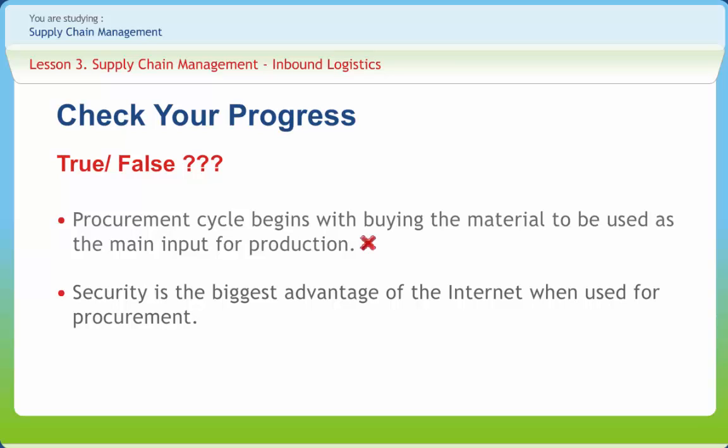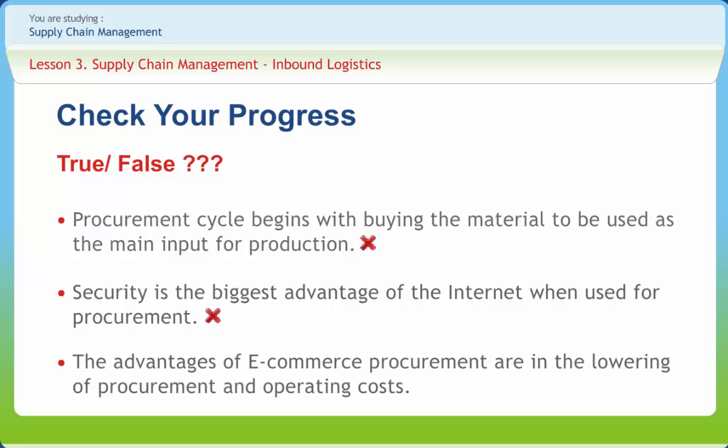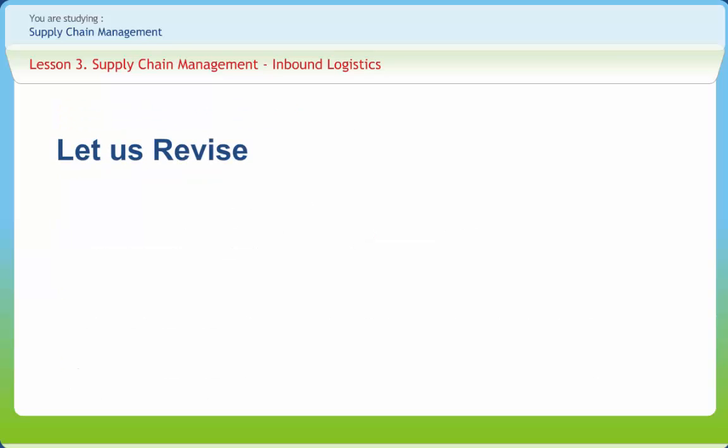True or false? False. The advantages of e-commerce procurement are in the lowering of procurement and operating costs. True or false? True.